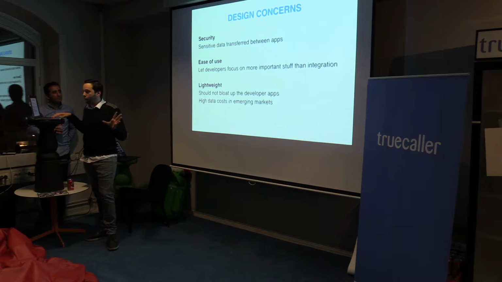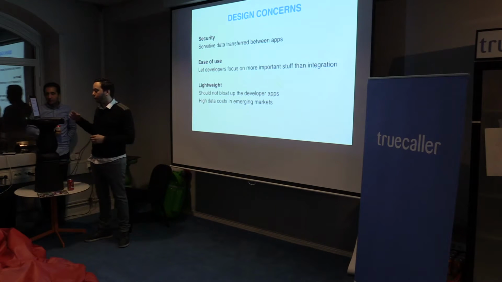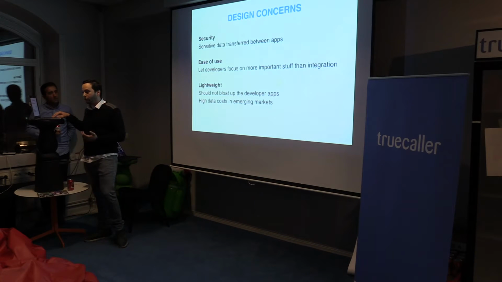These three were the most important focus points. The security was important because we were going to share some sensitive data between two apps. We wanted things to be easy for the users and also the developers, so that the developers can focus on more important stuff, because we know you've got a lot to do and we wouldn't like you to spend time on some integration.